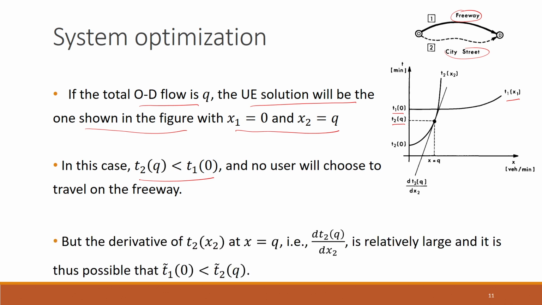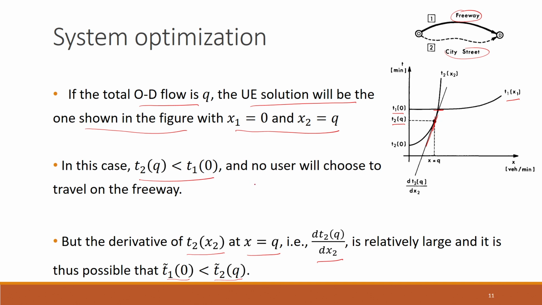But the derivative of this second travel time function at x equal to Q, that is dt_2/dx_2, seems to be relatively large here, this slope, whereas there is hardly any slope here and this is 0. So therefore it is possible that the marginal travel time of the first link can be less than the marginal travel time of the second link.